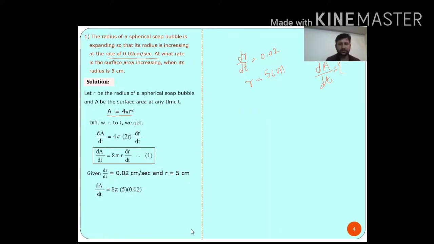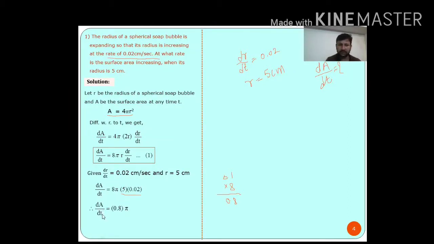Calculating the product, 5 into 0.02 is 0.1, and multiply with 8 pi. First we multiply with 8, you will get 0.8. Pi keep as it is. Hence the answer for dA by dt is 0.8 pi.